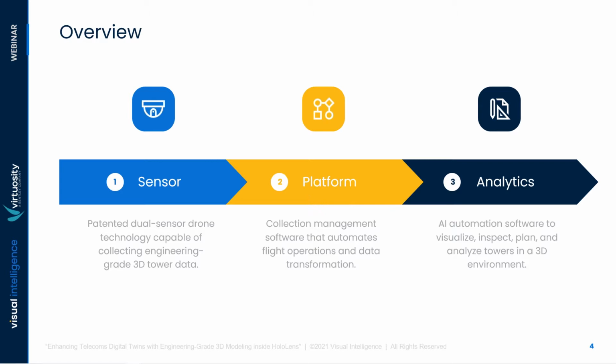We then work in partnership with, at the moment, Bentley on the analytics, where they apply their AI and their OpenTower IQ platform, which some of you may know about, to get down to OpenTower design and structural analysis, leveraging the Visual Intelligence millimeter-grade data. So they're the three core buckets.